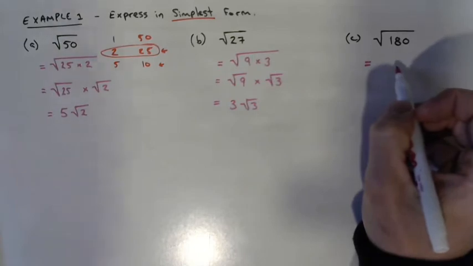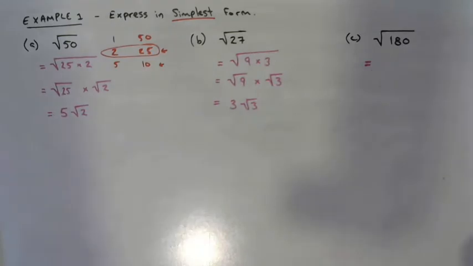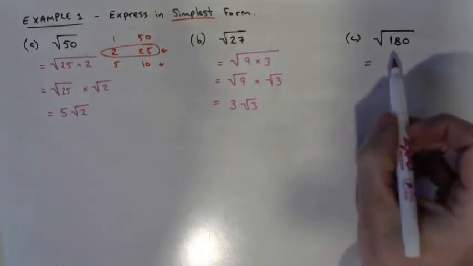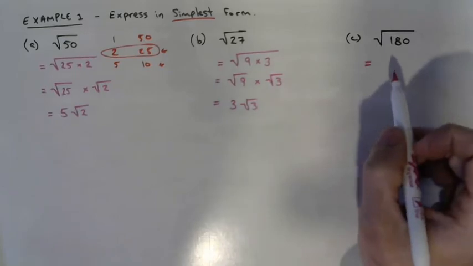Or 3 times 60. That doesn't really help, although maybe I could split 60 up into square numbers. Let's keep going. 4 times, I could divide it by 4 and get 45. That could be helpful because actually 9 is a factor of 45. So that would give me 2 squares. We'll work with that one next.